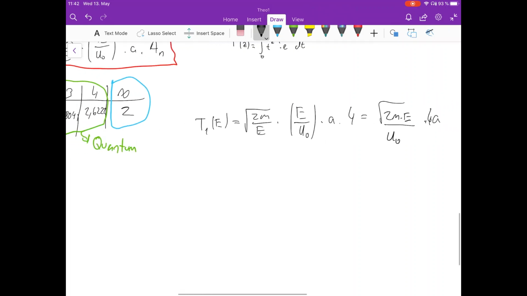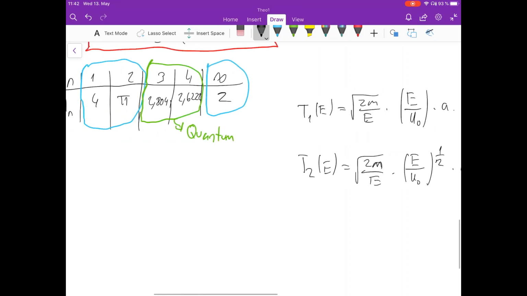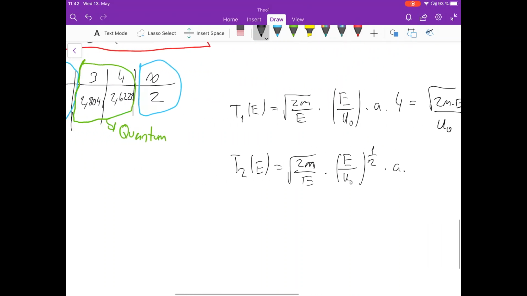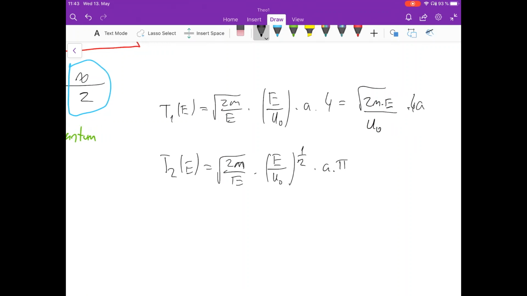Well, yeah, so let's do it for n equals 2, as it's also done in the 8th exercise, I think. So you might also check it out. So T_2 of E is going to be equal to the square root of 2m divided by E times (E over U_0) to the power 1 over 2, so it's square rooted, times a times a_n, and for 2, a_n is going to be pi.